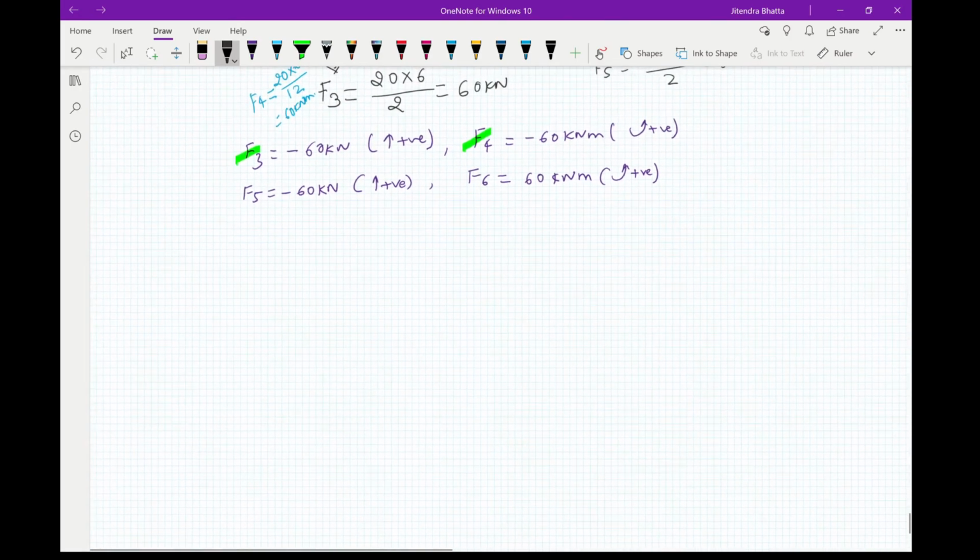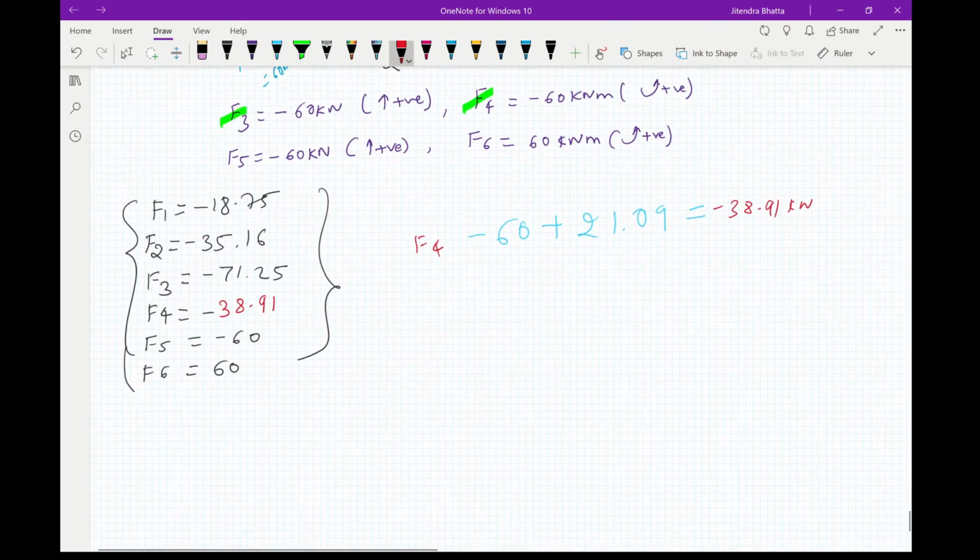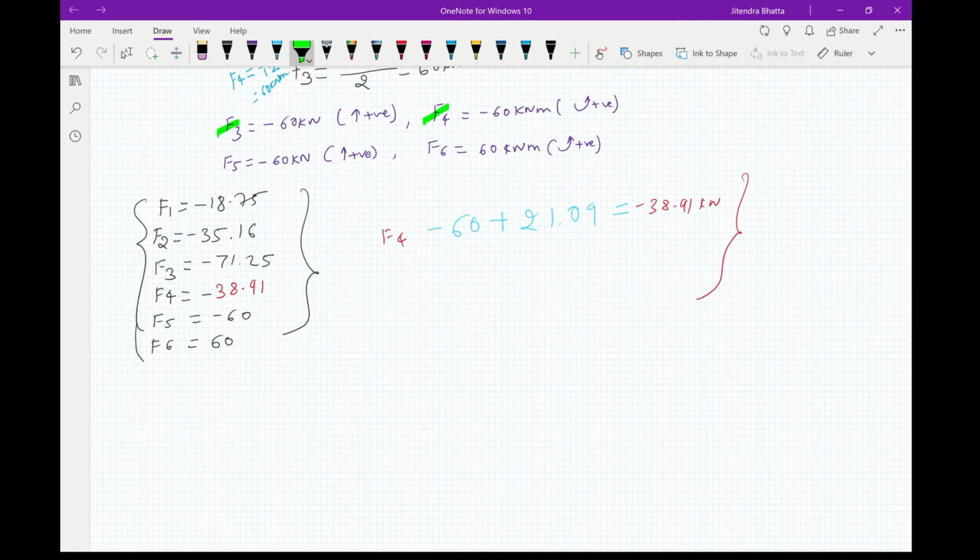Your force vector will be equal to this. Now these forces are known as fixed reactions.